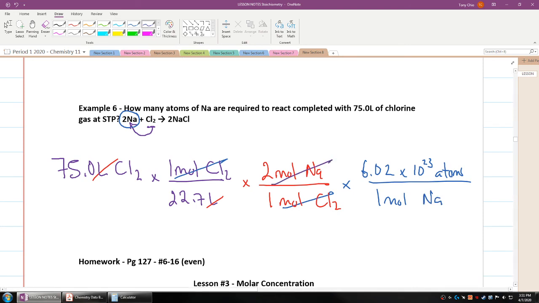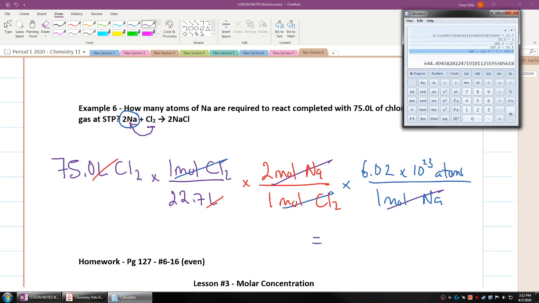And that, again, will cancel my moles of sodium. So I'm left with this value of 6.02 times 10 to 23 atoms, and I can now calculate all my values. So 75 divided by 22.7 times 2 times 6.02 times 10 to the power of 23.